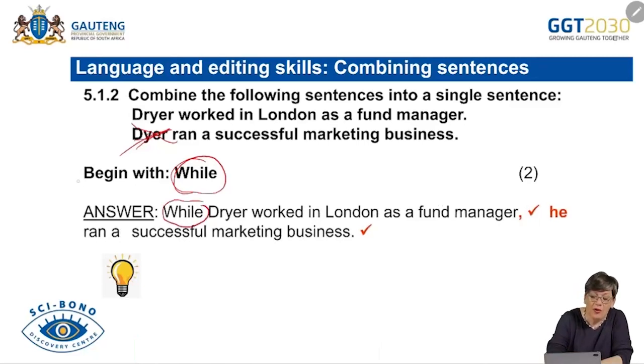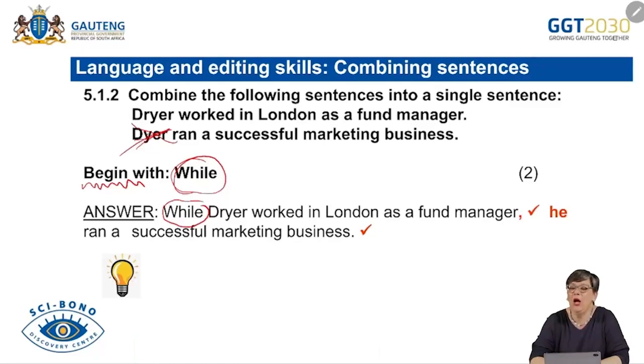Why? Because it said very clearly in the instructions, begin with. And you have to follow the instructions to the letter. So, what we did is we took the first sentence. While Dreyer worked in London as a fund manager. Can you see I took the whole sentence as it is? In place of a full stop, we've replaced it with a comma.